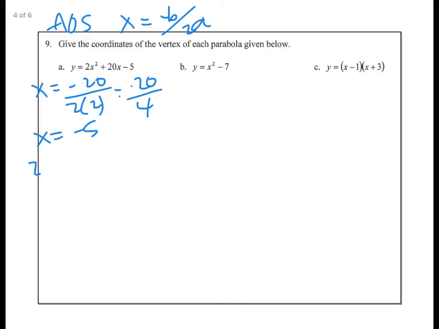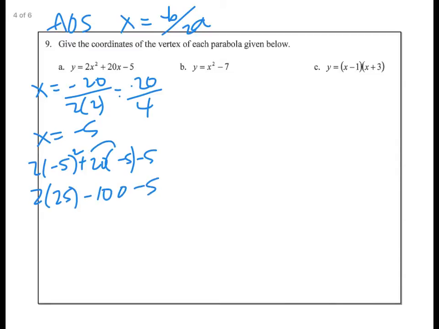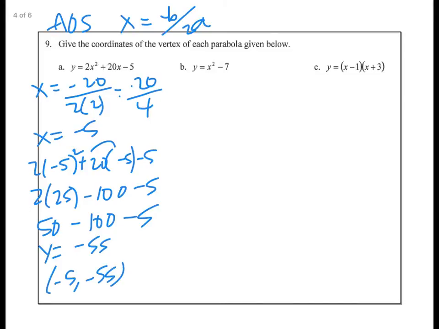So then I have 2 times negative 5 squared plus 20 times negative 5 minus 5. Follow order of operations. So then I have 2 times 25. 20 times negative 5 is minus 100. And I still have that minus 5 there. Keep my multiplying going. I have 50 minus 100 minus 5. That gives me negative 55. That's my y. So then my ordered pair would be negative 5, negative 55.